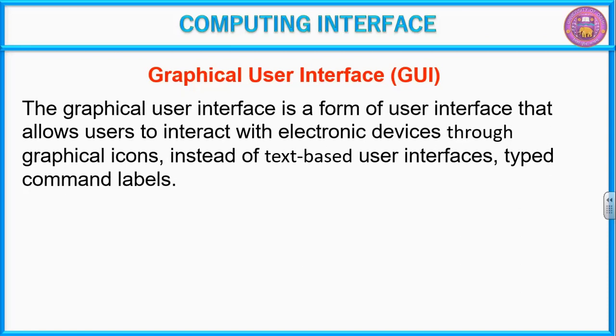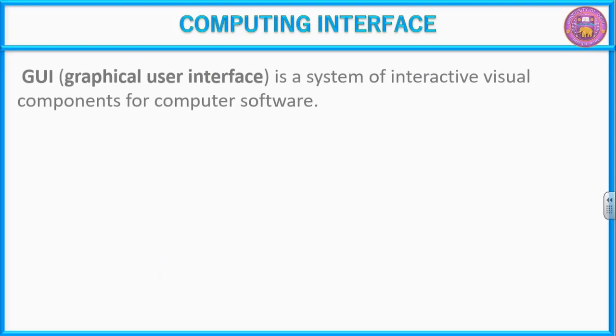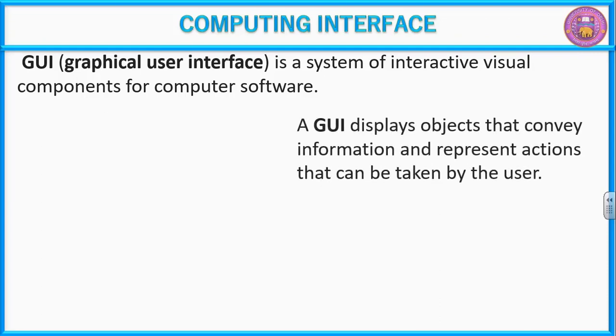The graphical user interface is a form of user interface that allows user to interact with electronic devices through graphical icons instead of text-based user interfaces typed command labels. GUI is a system of interactive visual components for computer software. A GUI displays objects that convey information and represent action that can be taken by the user.